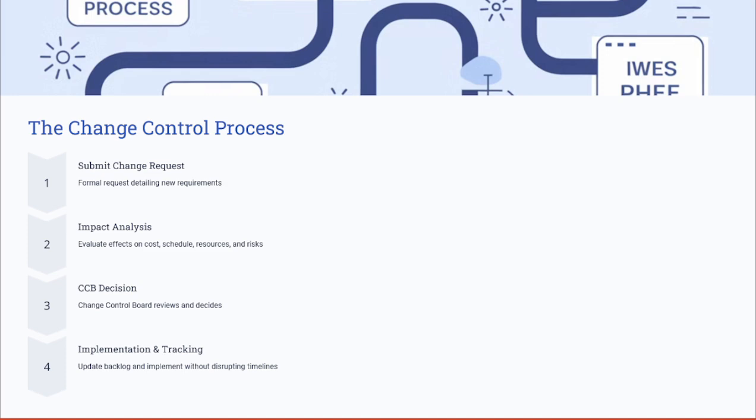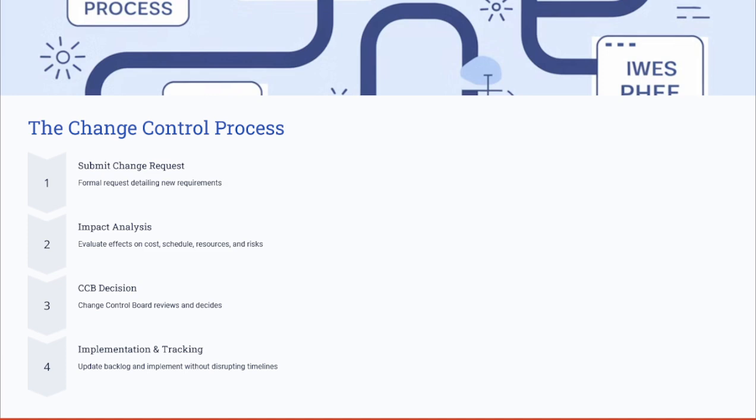Put simply, it's a systematic approach to evaluate and approve project changes. It ensures that changes are aligned with the project objectives, scope, and constraints. It also helps prevent unauthorized modifications that can lead to scope creep.